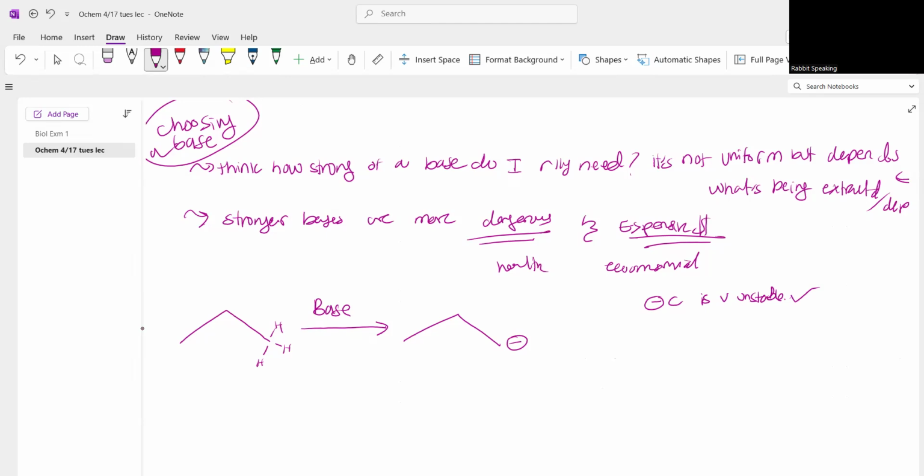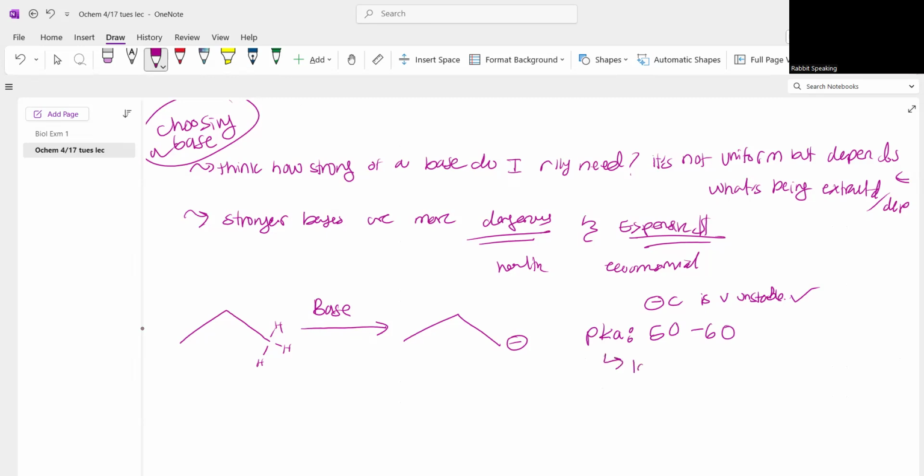So when you're determining what type of base you need, you need a really, really strong base to go from here to here because it's simply unstable. And if you look at the pKa, I'm actually really bad at the pKa stuff. The pKa of this reaction is apparently in the 50 to 60 range.